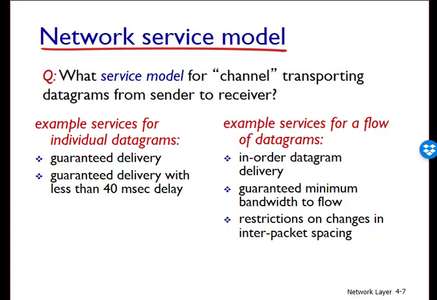As long as the sending host transmits bits as part of packets at a rate below the specified bit rate, then no packet is lost and each packet arrives within a pre-specified host-to-host delay. Guaranteed maximum jitter. This service guarantees that the amount of time between the transmission of two successive packets at the sender is equal to the amount of time between the receipt at the destination, or that this spacing changes by no more than some specified value.